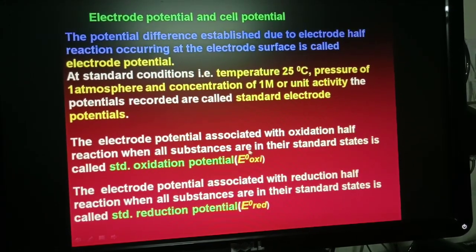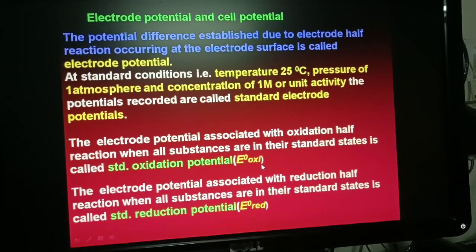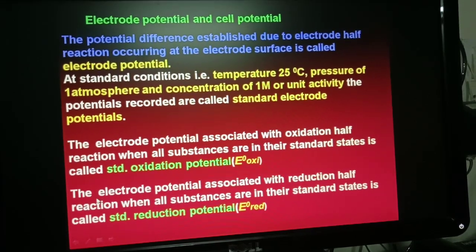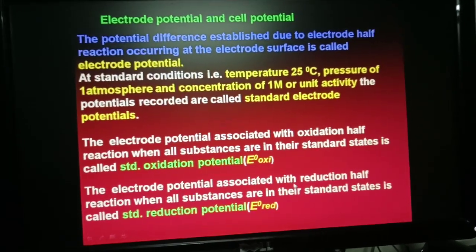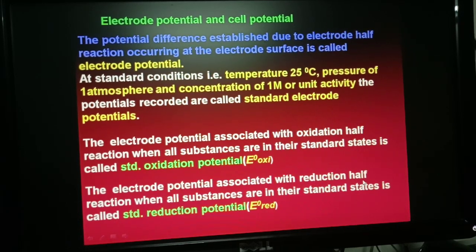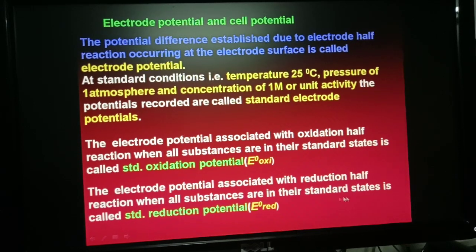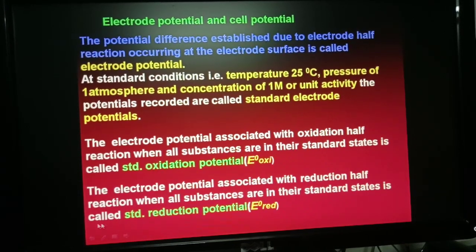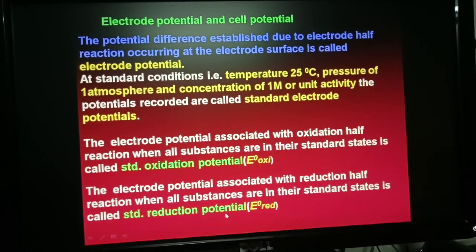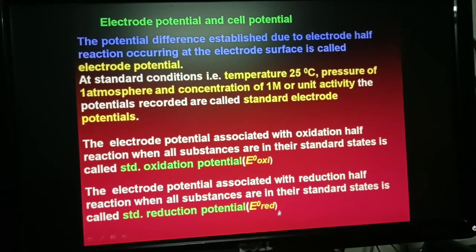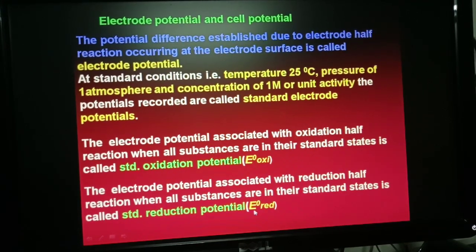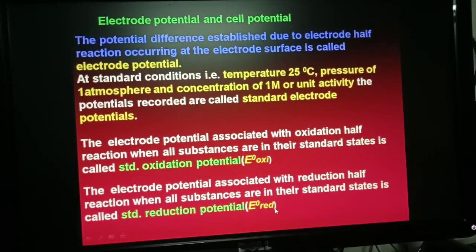It is denoted by the symbol E0 oxy. The electrode potential associated with reduction half reaction when all substances are in their standard states is called standard reduction potential. It is indicated with the symbol E0 reduction.